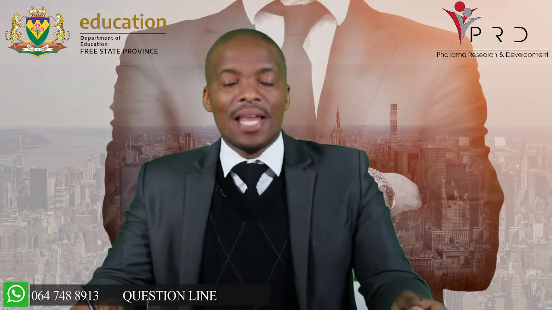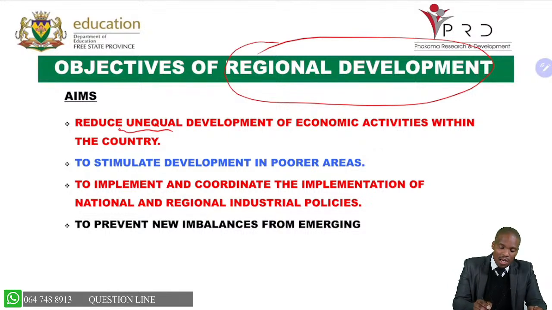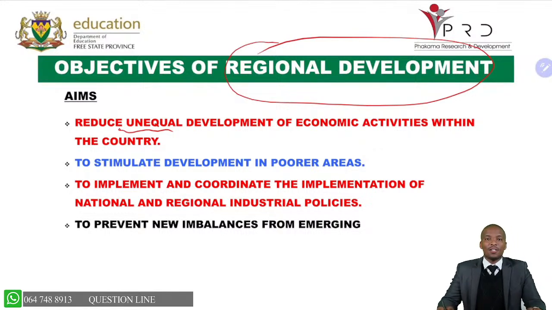Number 4, we are saying it is the provisioning of resources. Sufficient resources should be provided in resource-poorer areas, such as infrastructure and human resources.